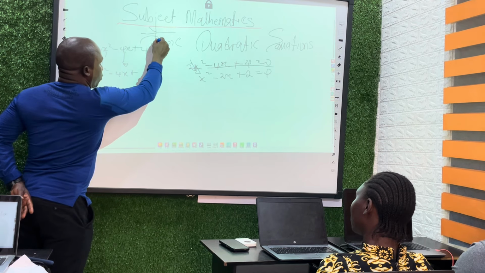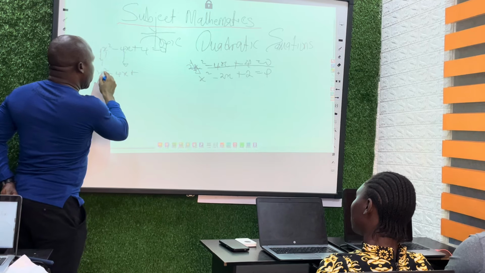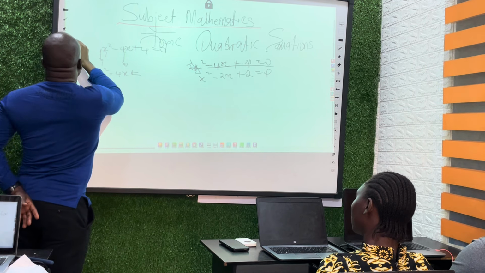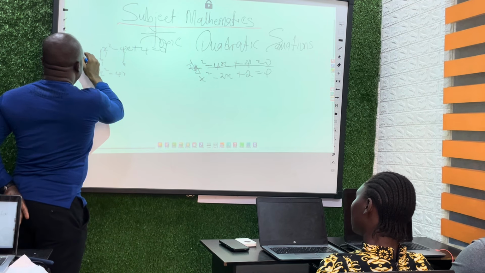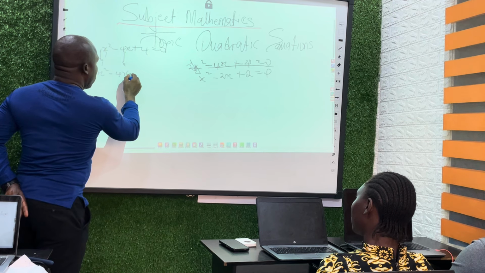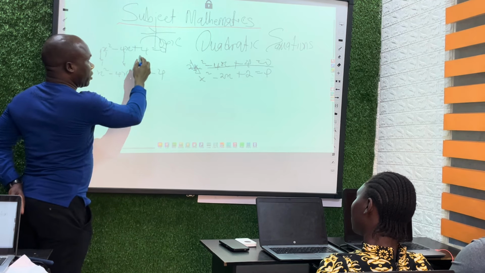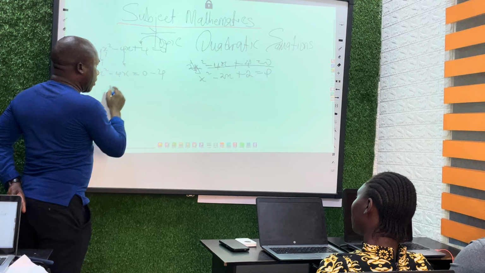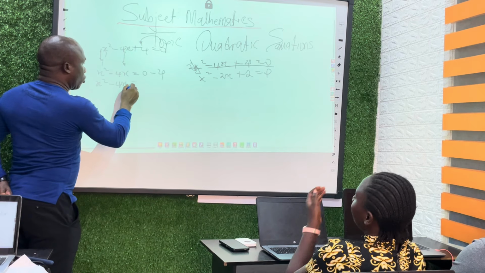This plus 4 crossing the equal sign meets its own brother and becomes minus 4. So this will become x squared minus 4x equal to 0 minus 4, that is, x squared minus 4x equal to minus 4.